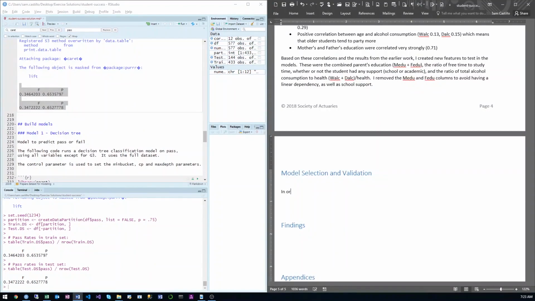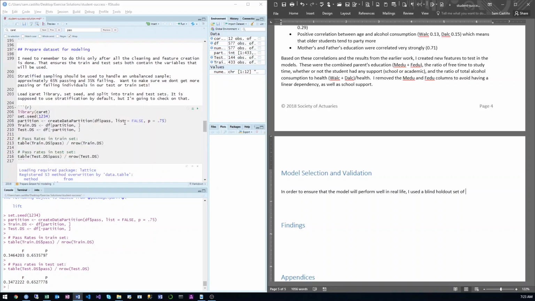In order to ensure that the model will perform well in real life, I used a blind holdout set of students, of 75% of students. The model was trained on the training data and evaluated on the test data.